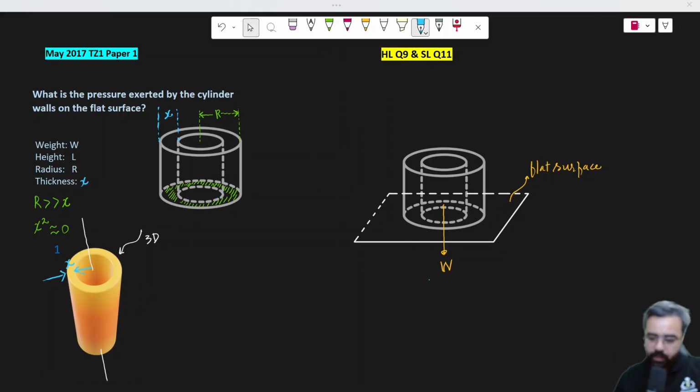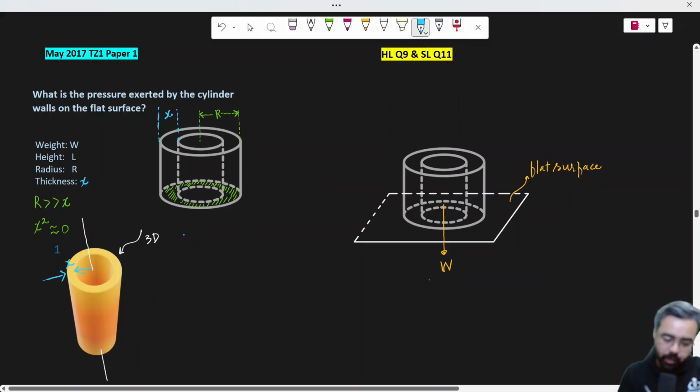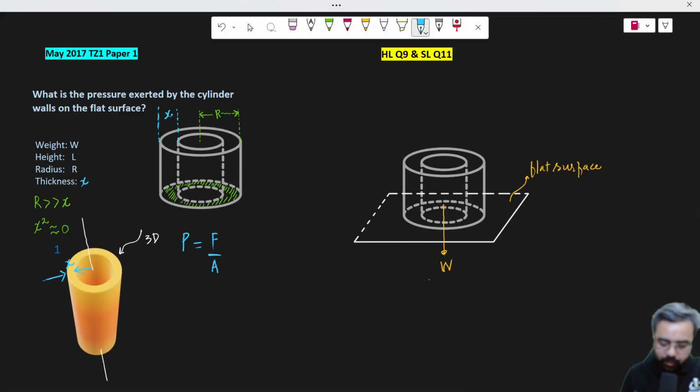So how can we do this? Let's see. We want to find the pressure, and pressure is always equal to the normal force per unit area. The force here is the weight, so W over area A. The area is the area of that part of the cylinder which is making contact.